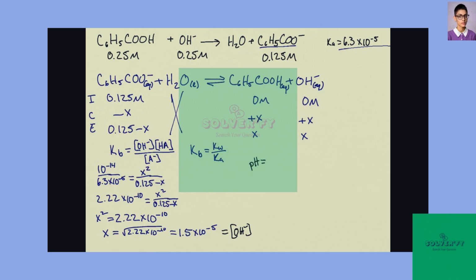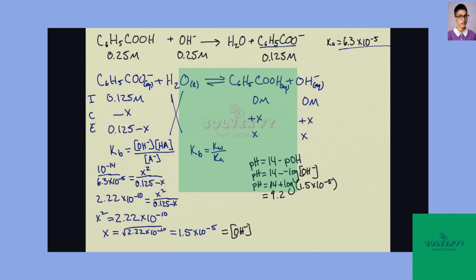pH is 14 minus pOH, which is equal to 14 minus the negative log of the concentration of hydroxide. So our pH is 14 plus the log of 1.5 times 10 to the negative fifth. This is 9.2.